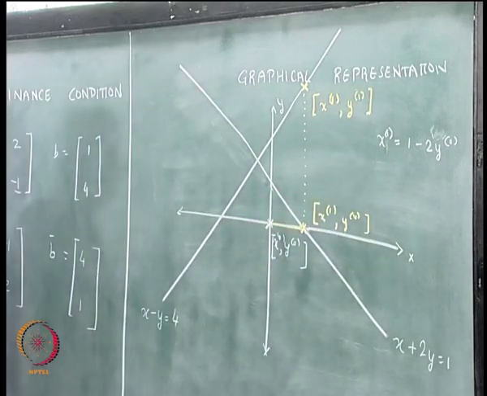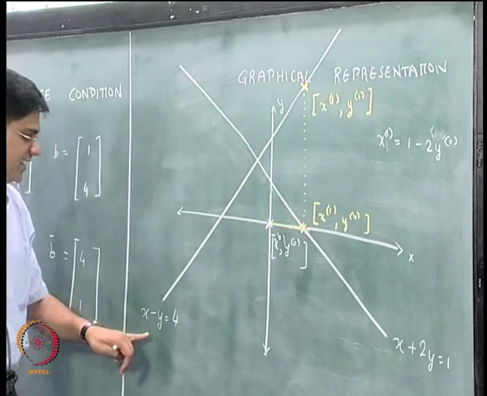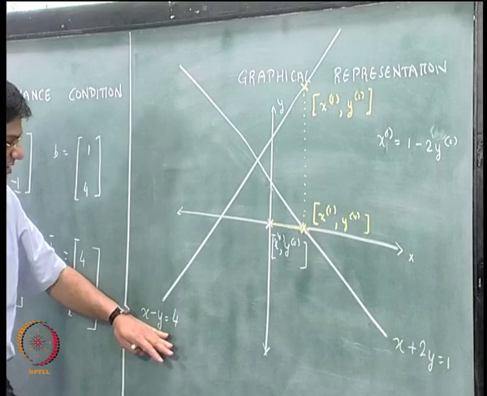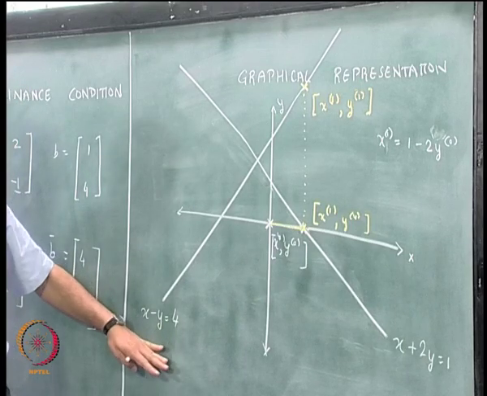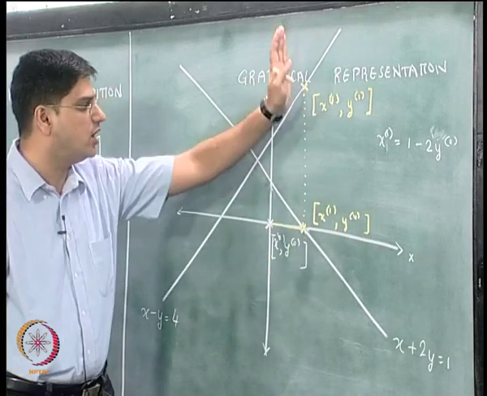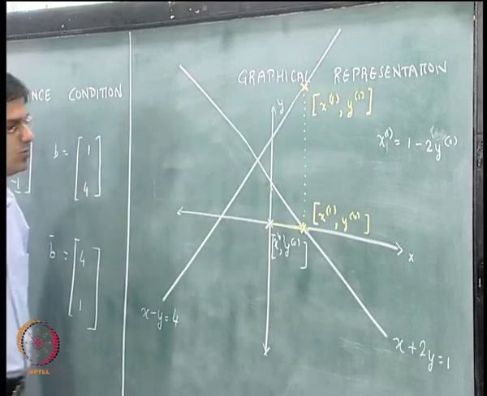Why is it x1, y1? Because the point (x1, y1) lies on the line x minus y equal to 4. That is the method in which we obtained the value of y1. When x1 remains constant, we are going along this same vertical line, so this indeed is the point (x1, y1).